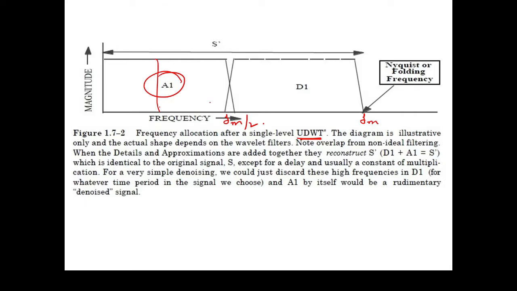When we say undecimated, we have previously discussed that decimation means, suppose we have a signal x(t) or x(n) equal to, say, 1, 5, 7, 8, 9, something like this. When we talk about decimation, we skip every alternate number, so we are reducing the size of the signal.